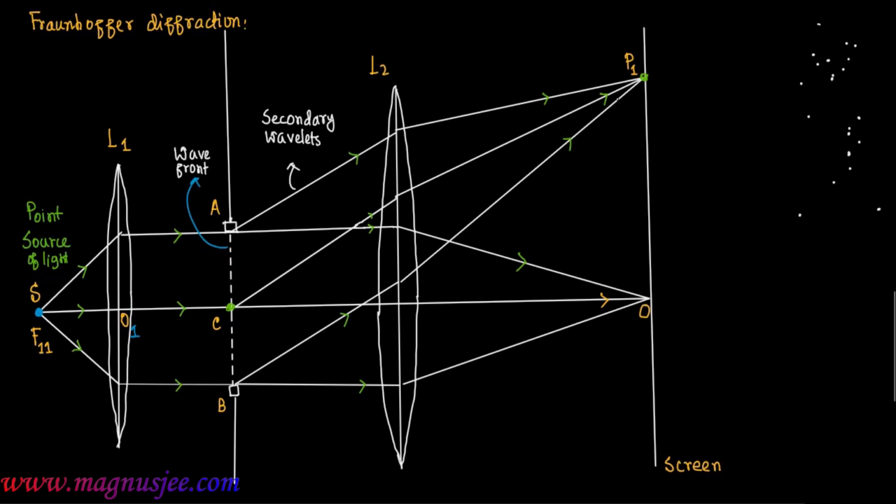These are the rays which converge after refraction through the convex lens L2, and they are not diffracted, but these secondary wavelets are diffracted at an angle theta. That means rays at the sharp corners A and B bend at an angle theta with the original direction.